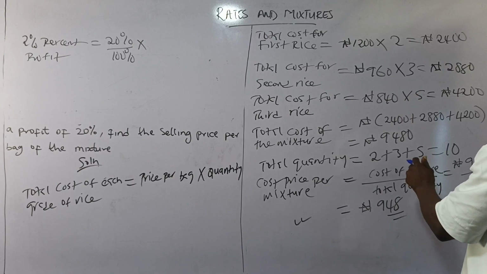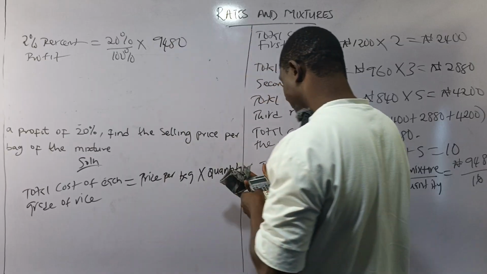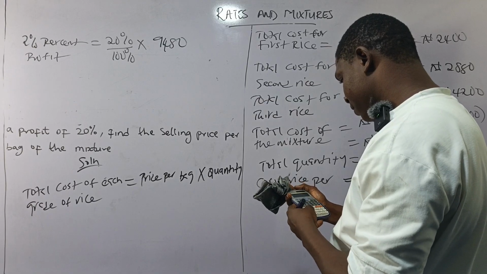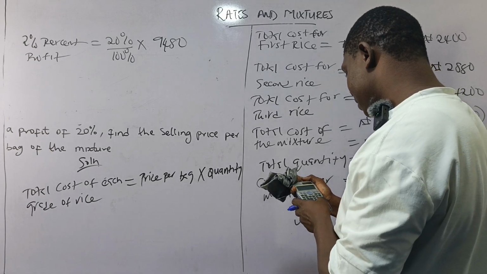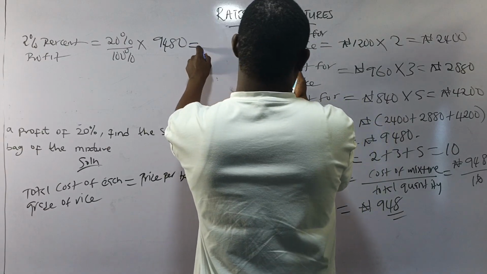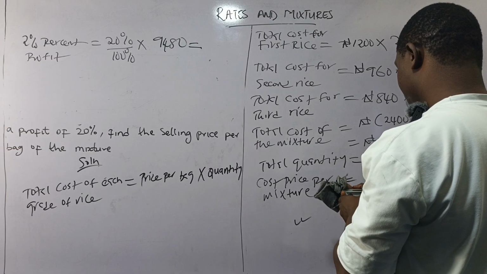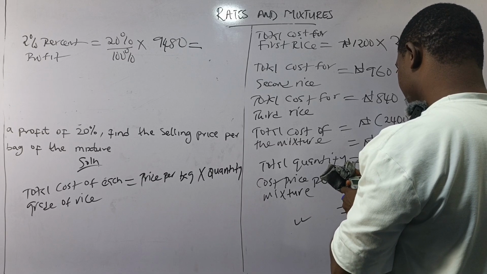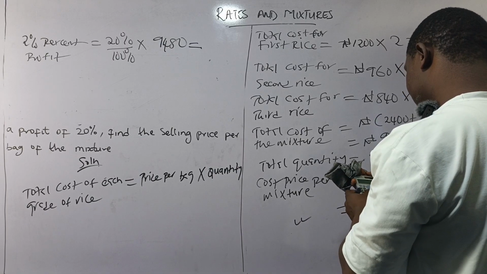Here is my cost, so I have 20 divided by 100 times 948.